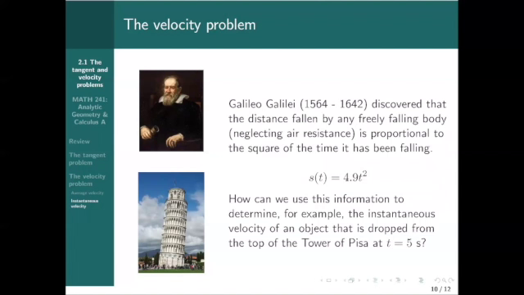So let's pretend now that we are in Italy and that we drop an object from the top of the Tower of Pisa. And then we want to know what is the instantaneous velocity at 5 seconds, for example.